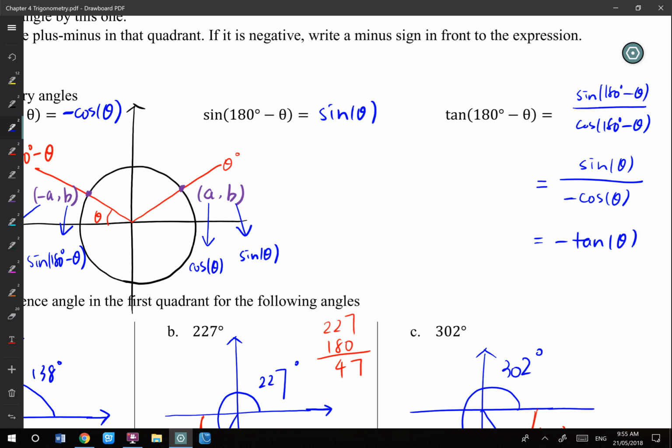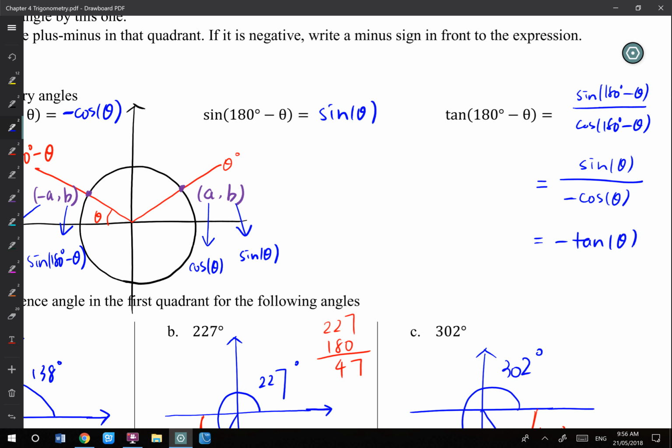Can you see all the angle 180 minus theta in the end becomes theta? It's only whether there's a positive or a negative of that ratio. The sine remains positive, and the cosine and tangent become the negative of the actual ratio. That's why we talk about the reference angle.